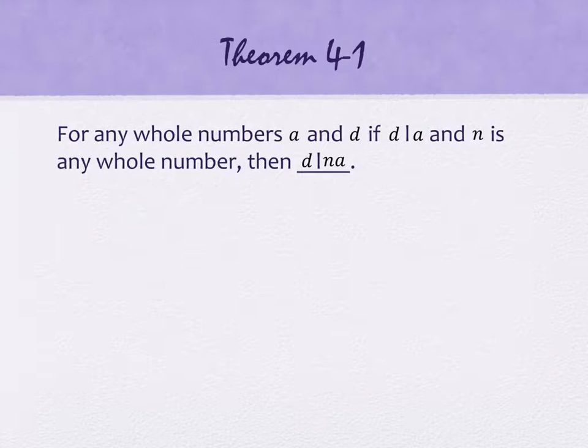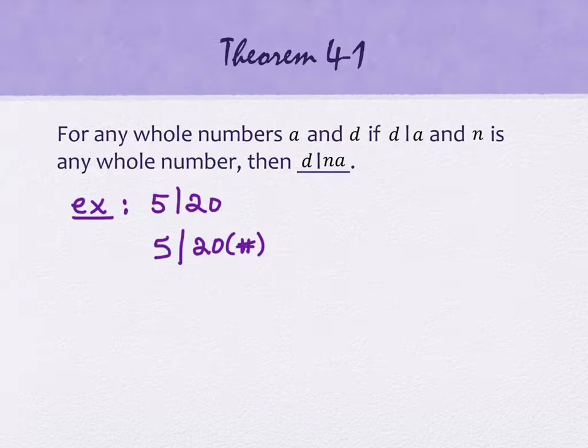Theorem 4.1 says that if you have any whole numbers A and D, where D divides A, and you have another whole number N, then D will divide NA. And we can look at that same example that we saw before with 20, right? We said that 5 divides 20. Well, that means that 5 is going to divide 20 times anything.